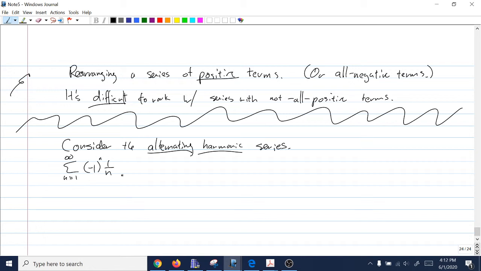We're going to add a negative 1 to the n to make it alternate. Remember, negative 1 to the n is negative 1, positive 1, negative 1, positive 1. So when n equals 1, I get negative 1 over 1, positive 1 over 2, negative 1 over 3, positive 1 over 4, negative 1 over 5, positive 1 over 6, and so on. Does this converge?